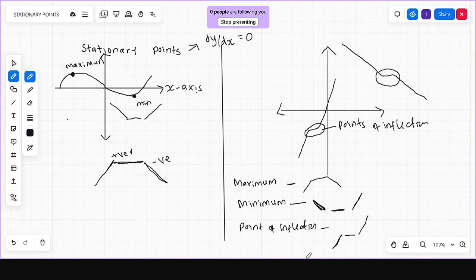On the other hand, we can also have the point of inflection behaving with a negative gradient to zero gradient to the negative gradient. This kind of curve tends to inflect at a given point. They have neither the maximum nor the minimum.